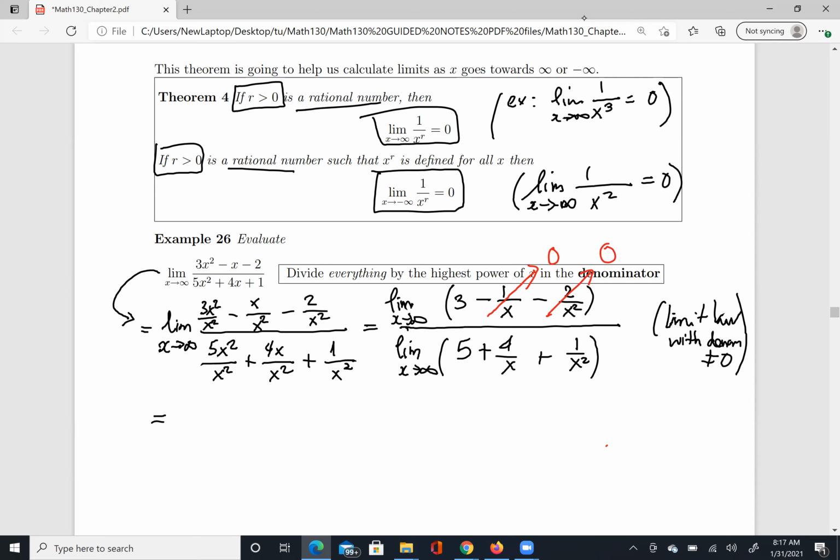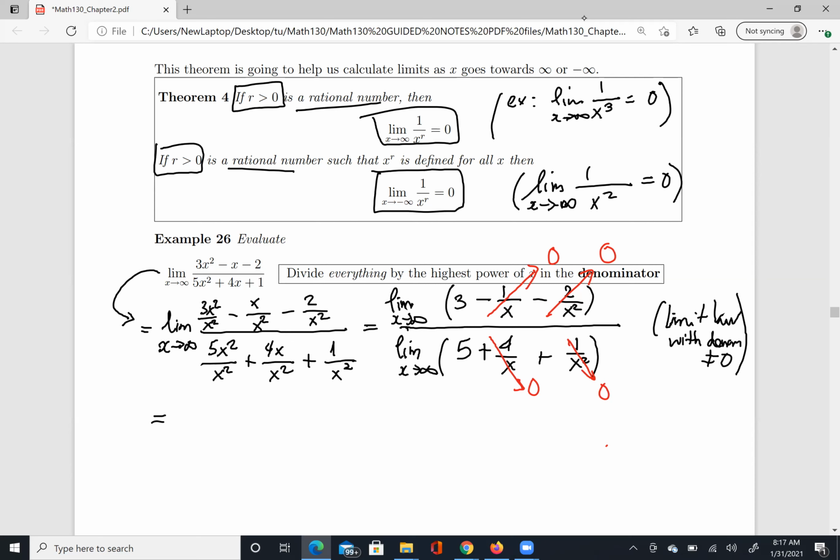And for 3, it stays there. On the bottom, you're going to see that 5 stays, right? You don't want to change anything for 5. But 4 over x is the limit of 4 times 1 over x when x goes to positive infinity, and that also gives you 0, because of theorem 4.